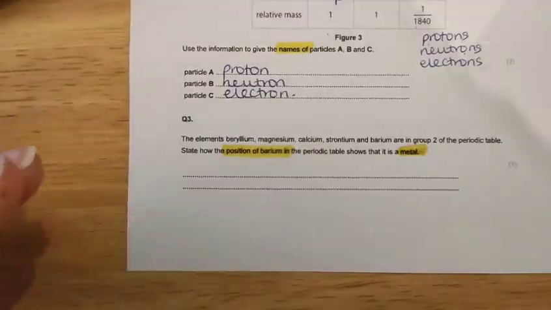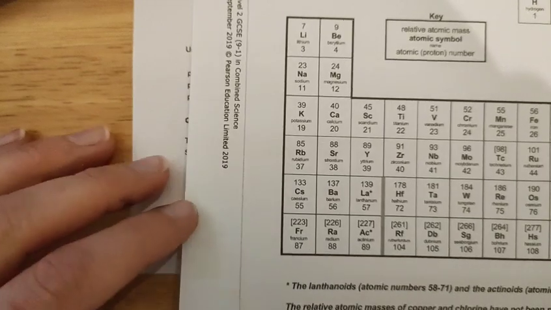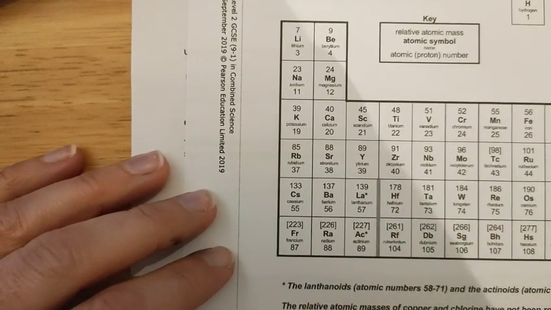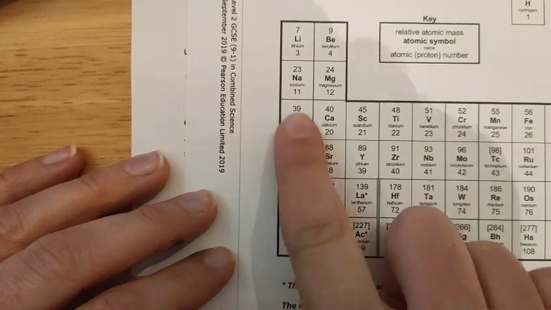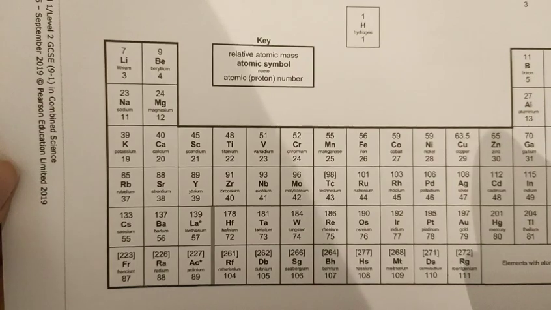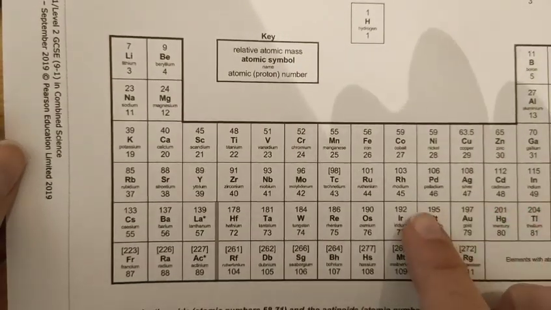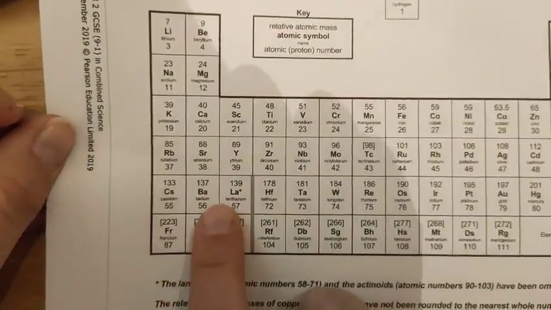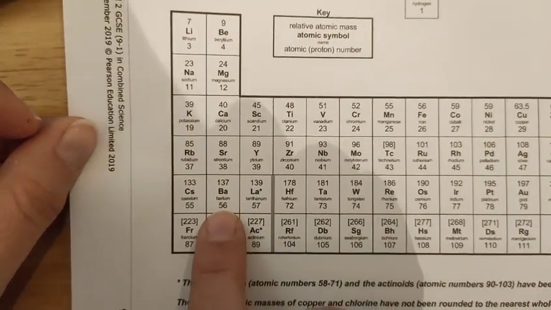So let's get my periodic table out. So barium, I'll find barium. Have a look. Barium. Oh, it's very hard to find. Can anyone else find it? Well, I mean, I would say, oh, there it is. I found it. Barium down here.